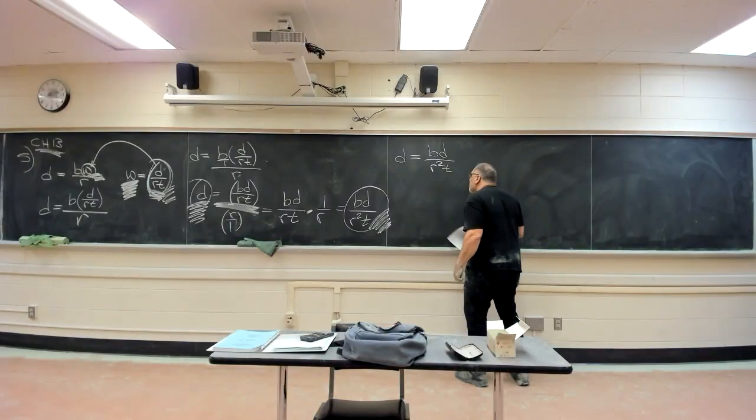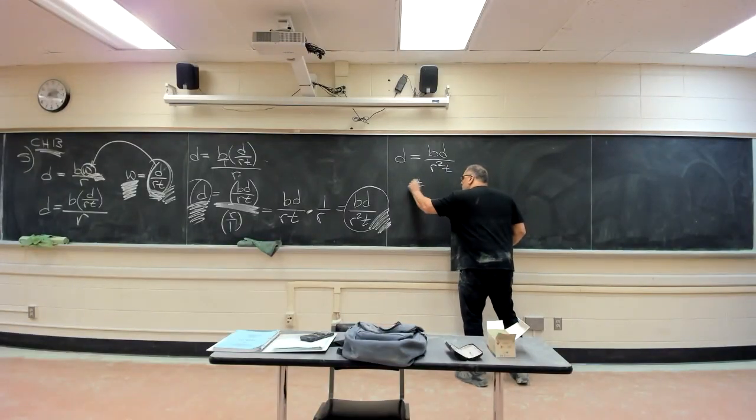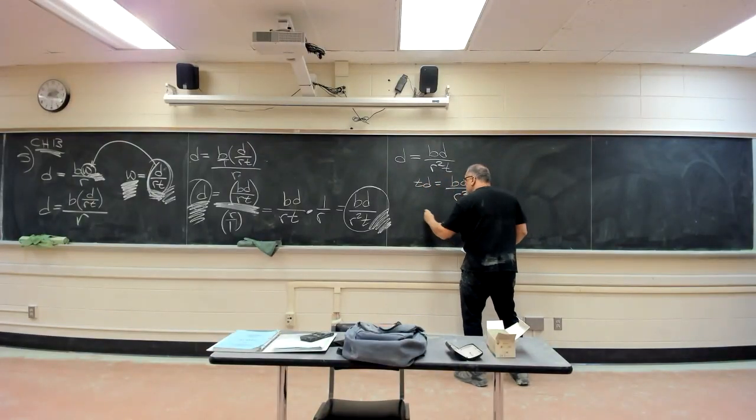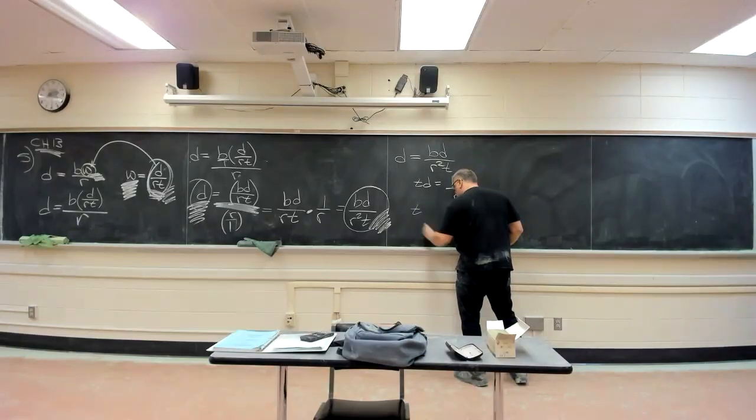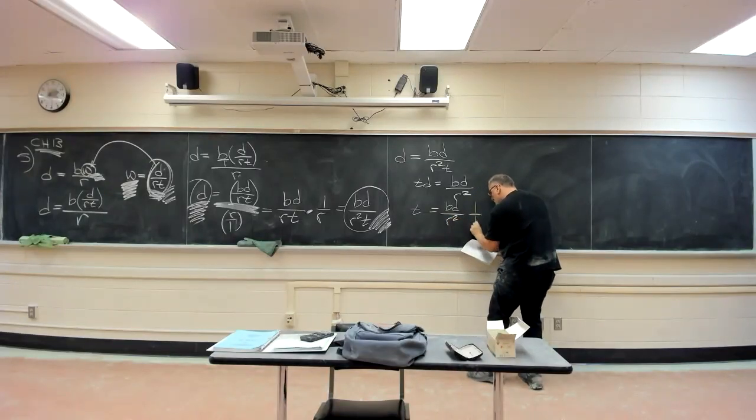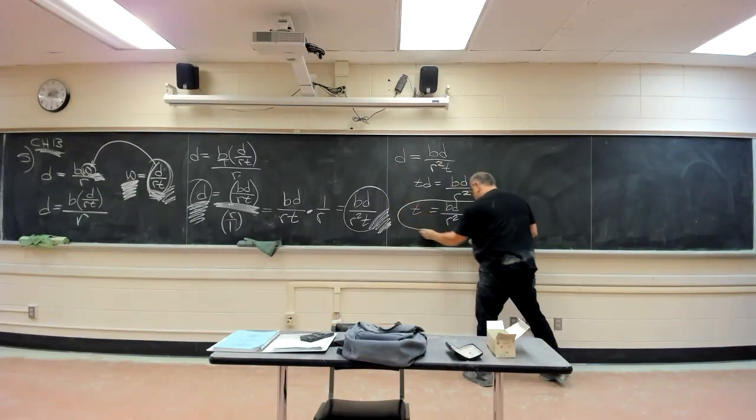Solve for T. Multiply by T on each side. Divide by D on each side, or multiply by 1 over D. We're not done.